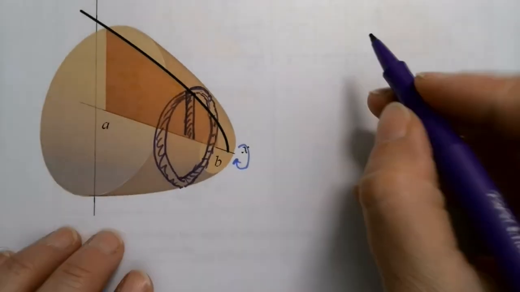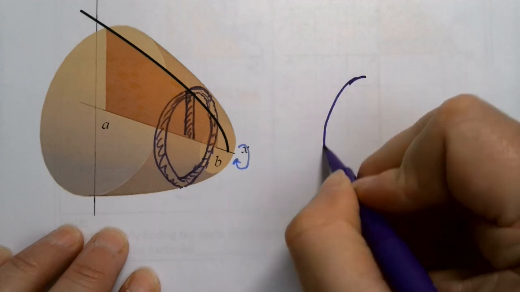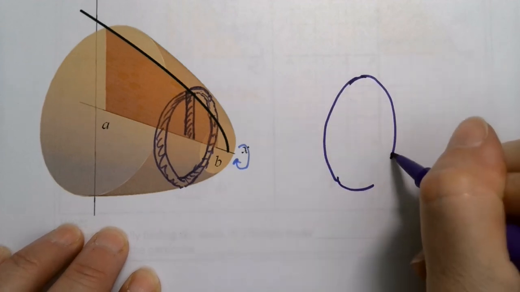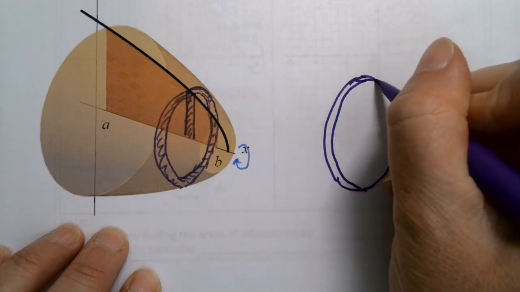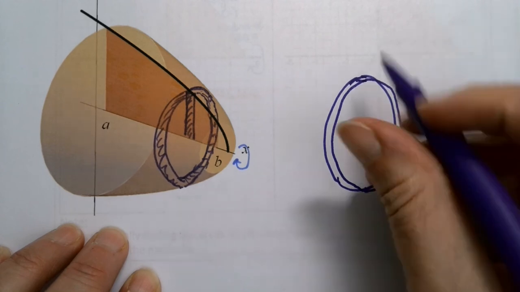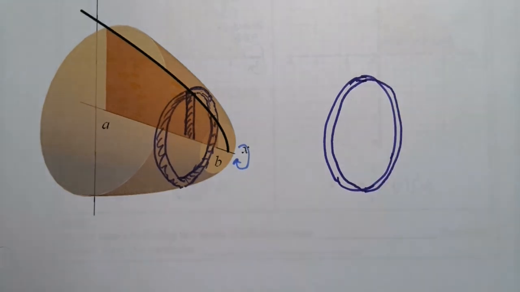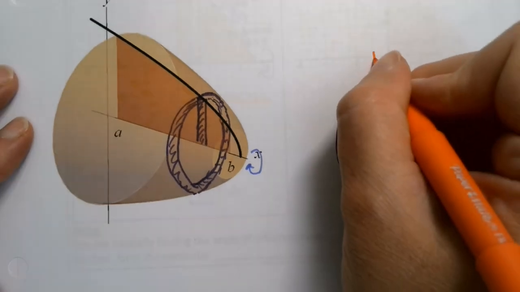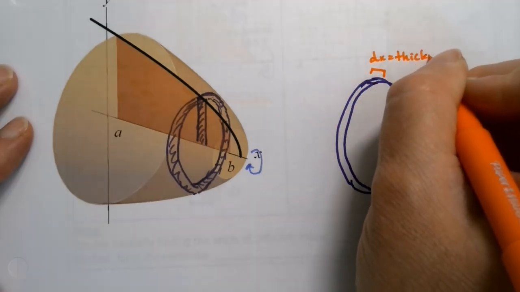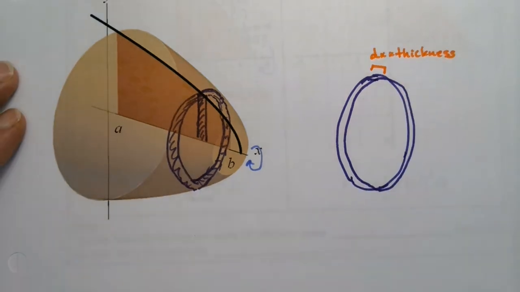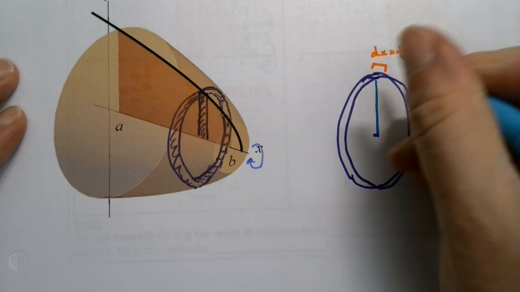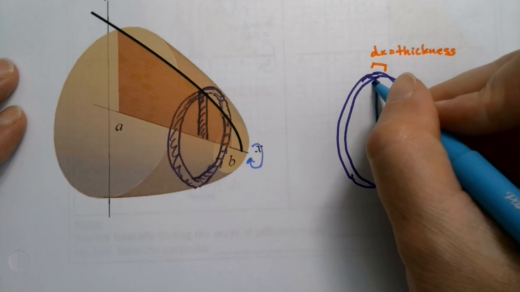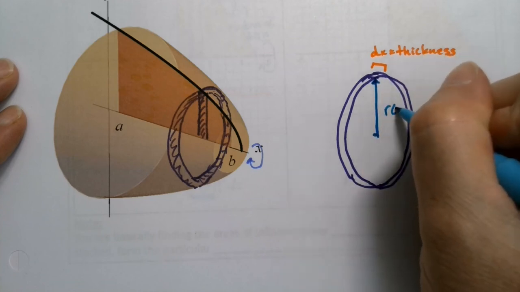So if you think of this disc that you formed, let me draw the disc. Right? So that disc has a thickness that's dx, and it has a radius, which is the distance from the x-axis up to that y value. That right there, from here to here, is r of x.